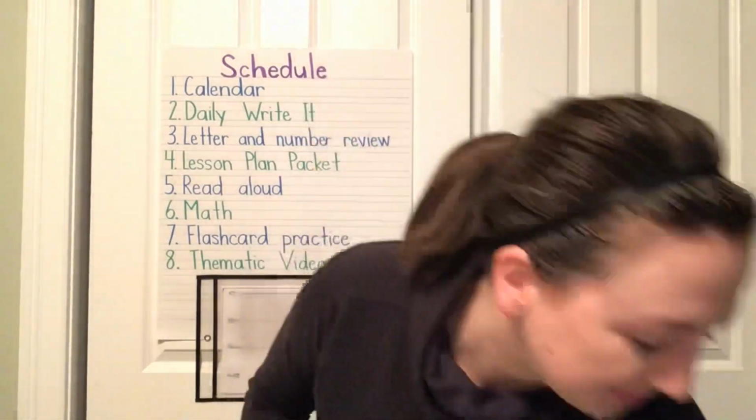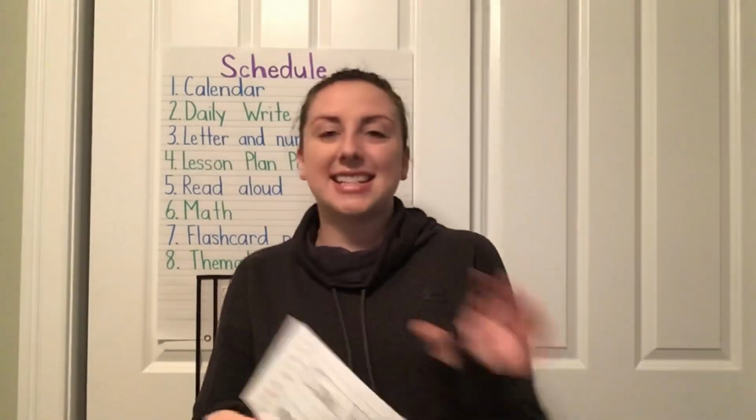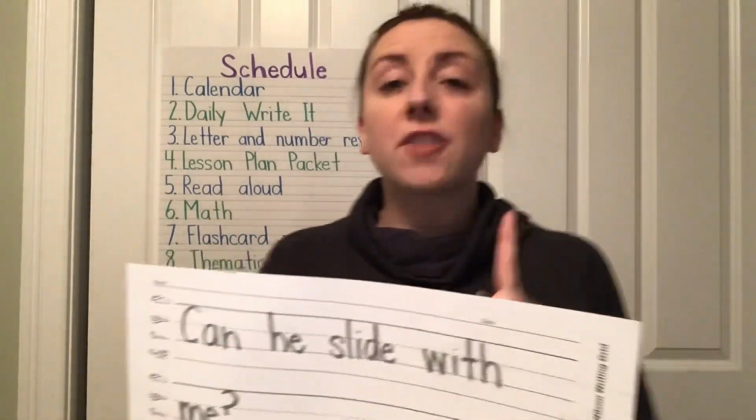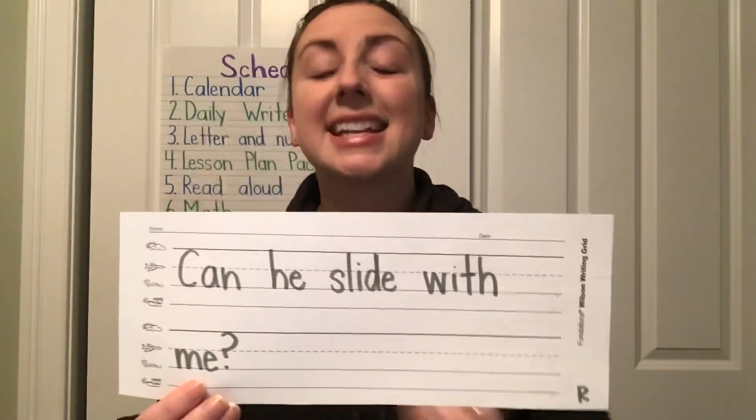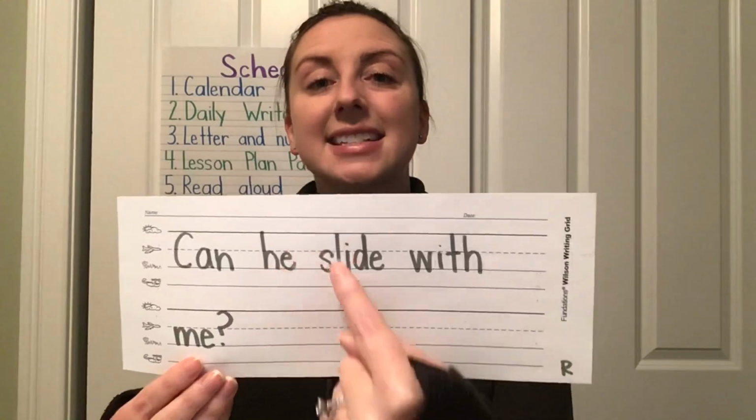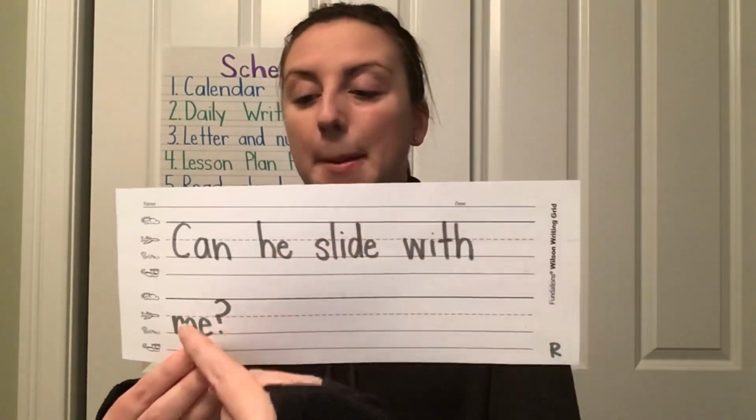Let's check them. I have my sentence right here. Can he slide with me? Can is the first word of our sentence, which means it gets a capital letter C. Can he slide with me?